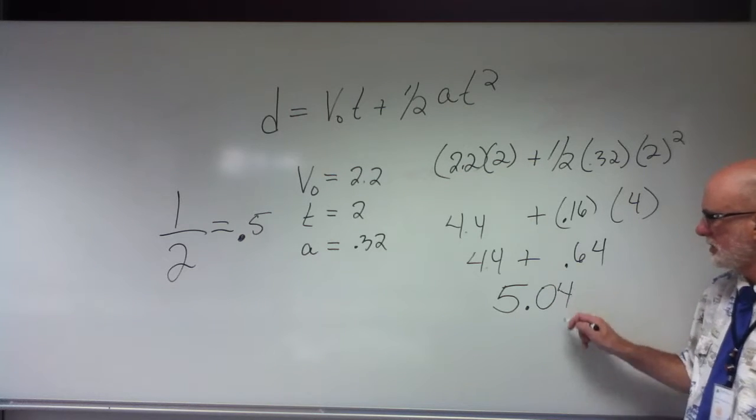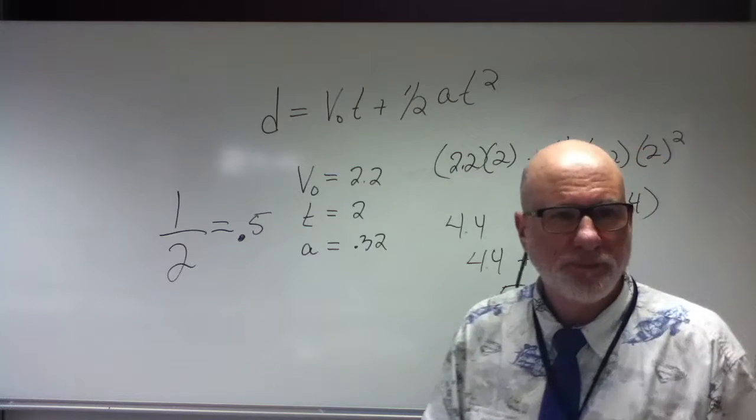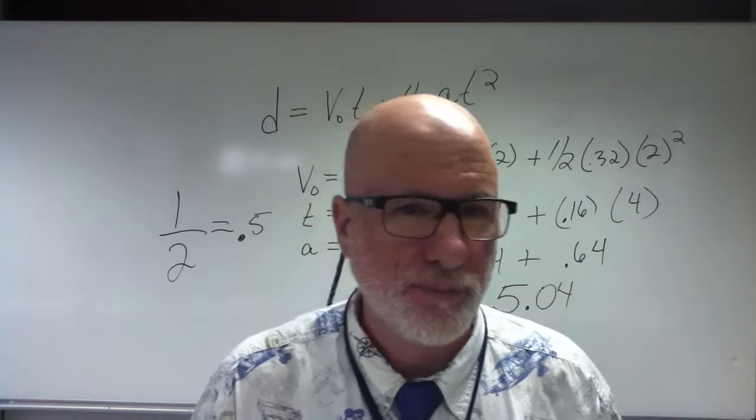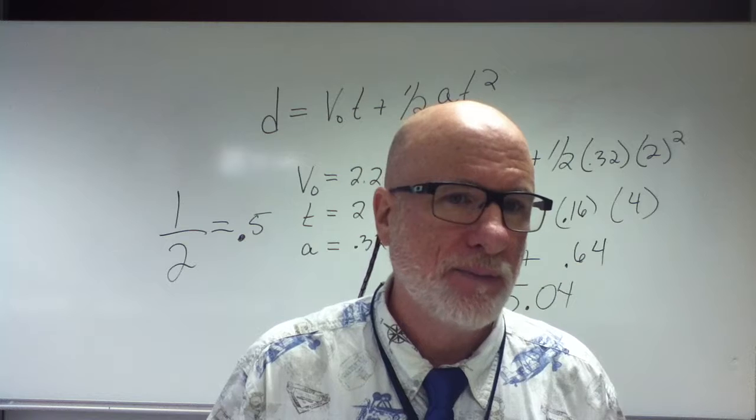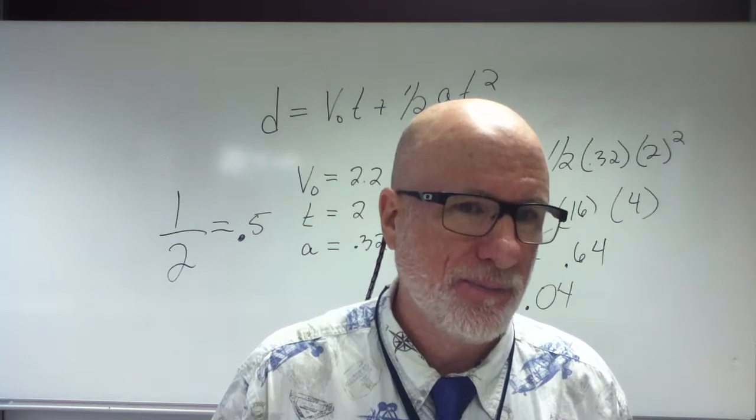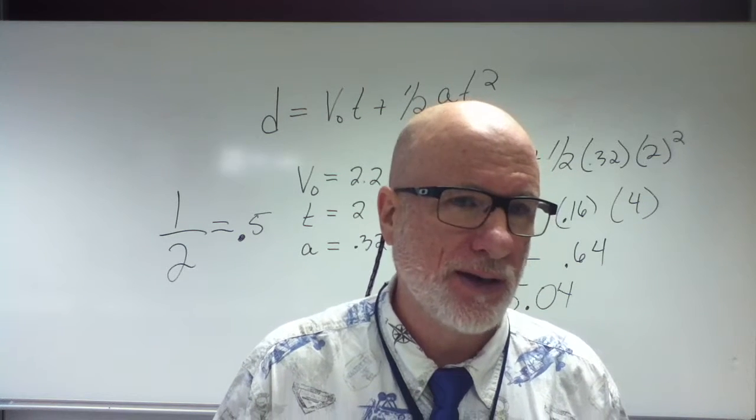Marin, check your calculation. 4.4 plus decimal 64 equals 5.04. Marin, put it in again and try it again. Remember, this is a calculator thing.